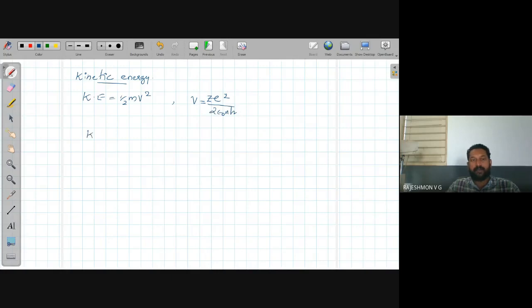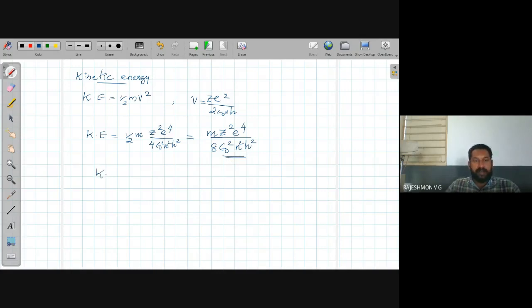Okay, so K becomes half m Z square e raised to 4 divided by 4 epsilon 0 square n square h square. Okay, so solving, you will get m Z square e raised to 4 divided by 2 into 4, 8 epsilon 0 square n square h square. This is the expression for kinetic energy.